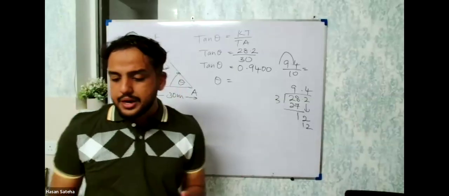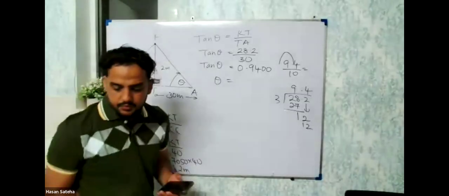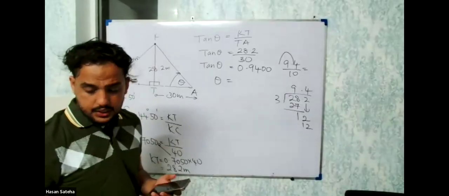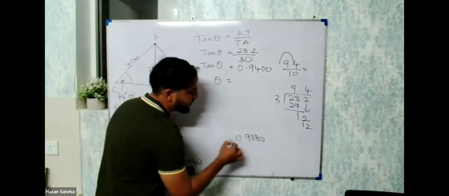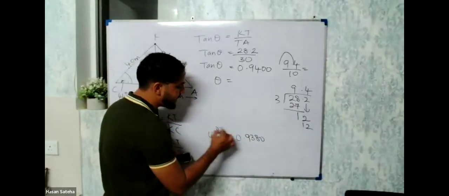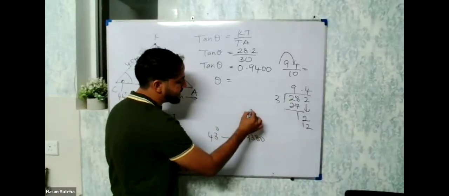You don't have a 0.9400. What is the closest value you have? 0.9380. For 0.9380, the angle is 43 degrees, and the minutes there, 0.8, that is 10 minutes.